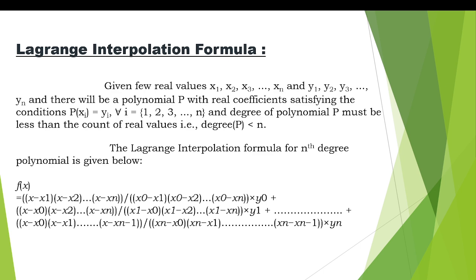Given few real values say x1, x2, x3 up to xn and y1, y2, y3 up to yn, there will be a polynomial say p with real coefficients satisfying the conditions p of xi is equal to yi, where i is equal to 1, 2, 3 up to n, and the degree of polynomial p must be less than the count of real values, where degree of p is less than n.